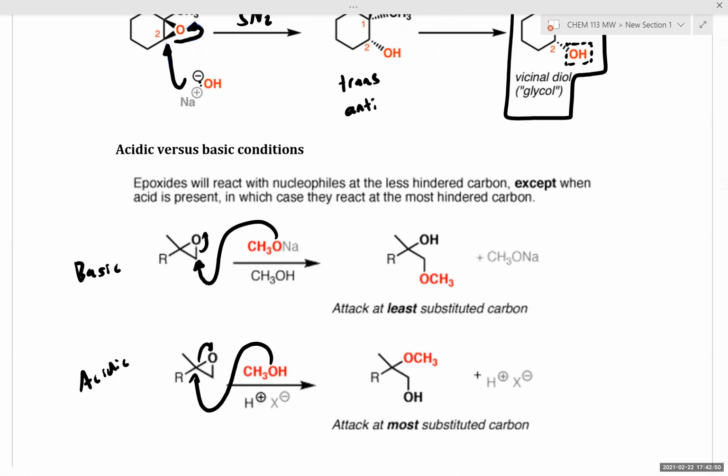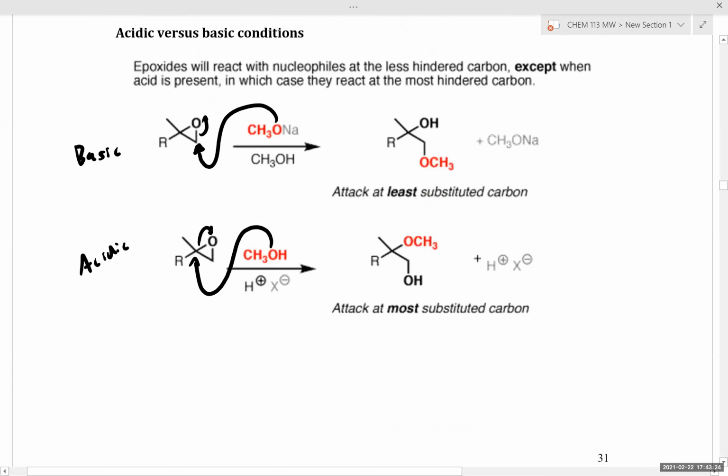So depending on the regio control you want, you would have to use either acidic or basic conditions. Does that make sense? Okay, so let's keep going then.